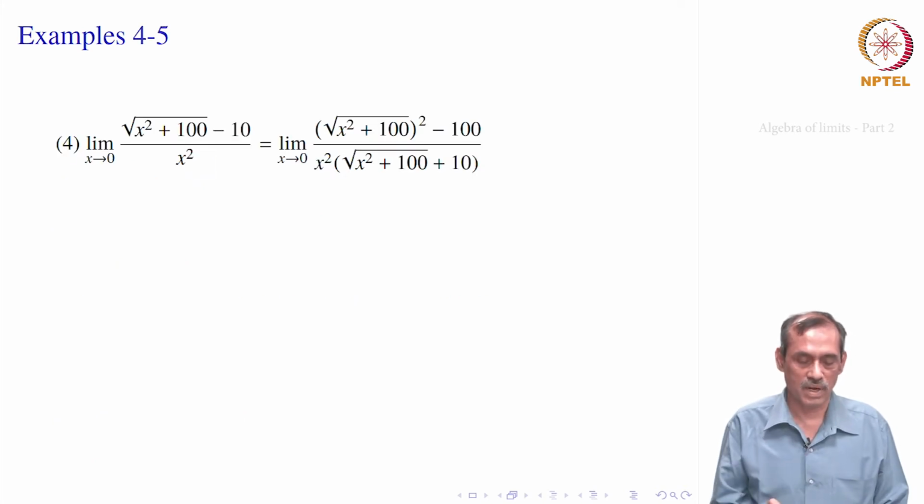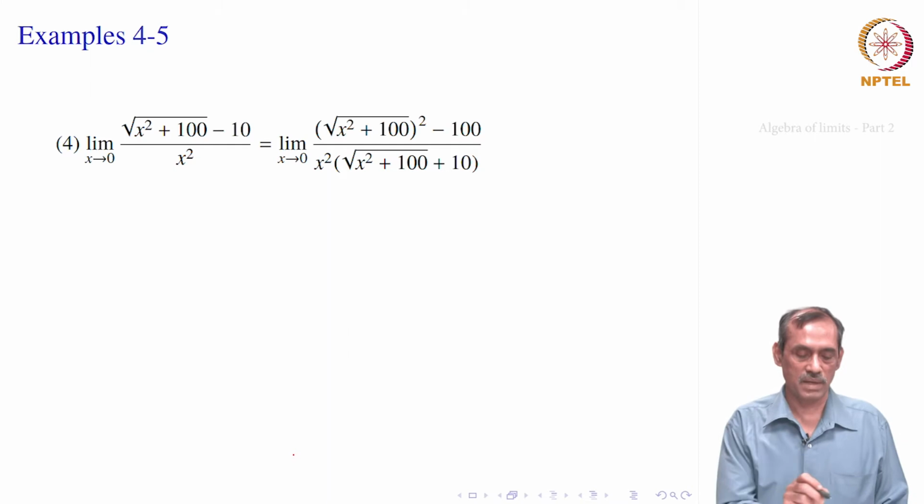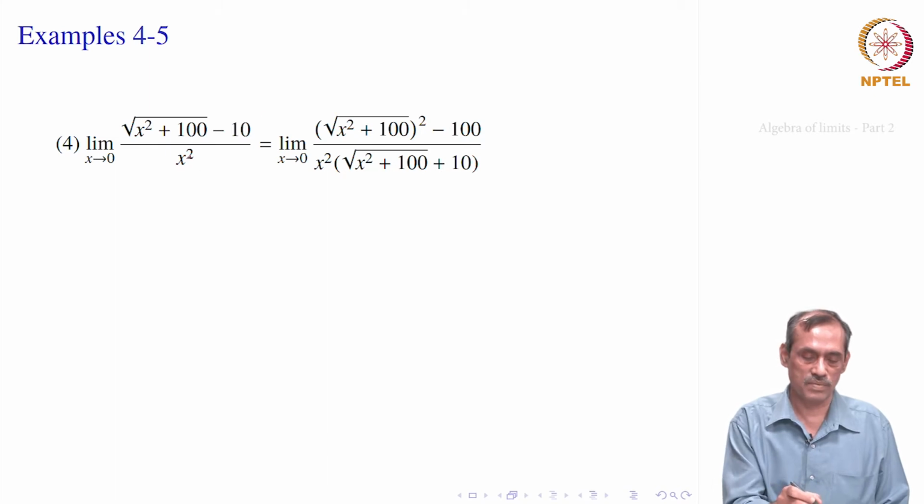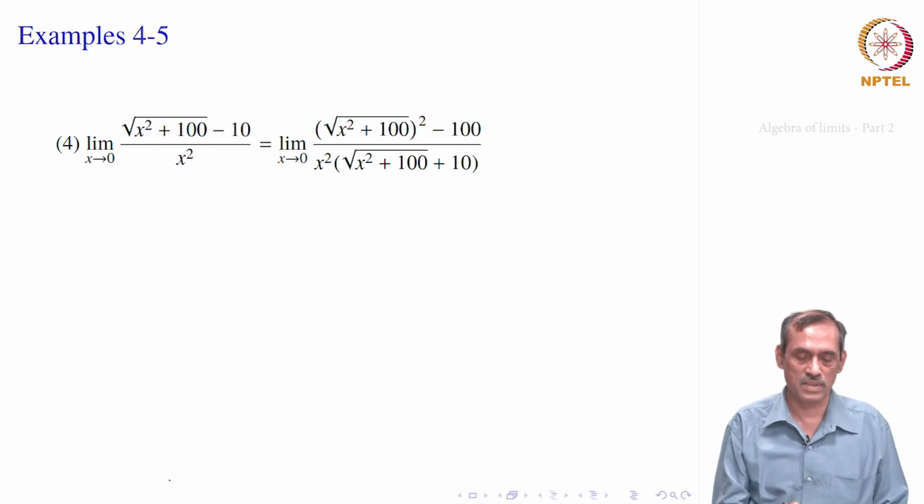Now, let us find another limit, as x goes to 0, of this function, which is a ratio of two functions. On the top we have square root of x square plus 100 minus 10, divided by x square.